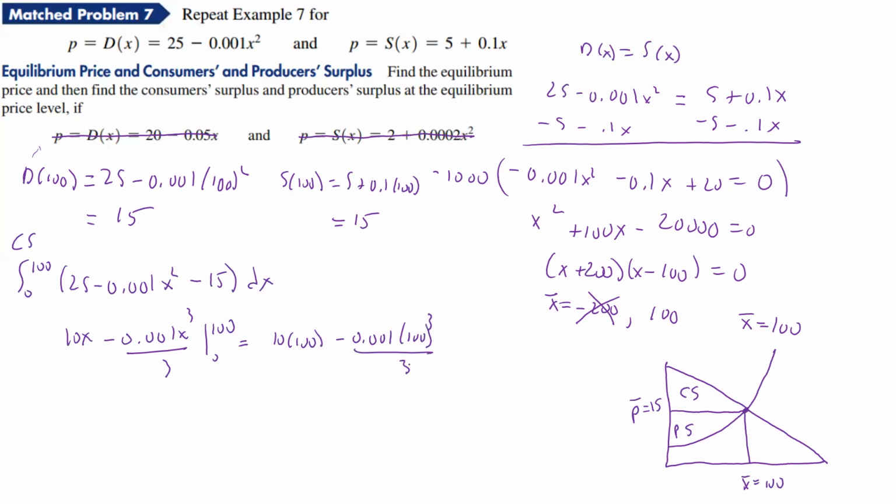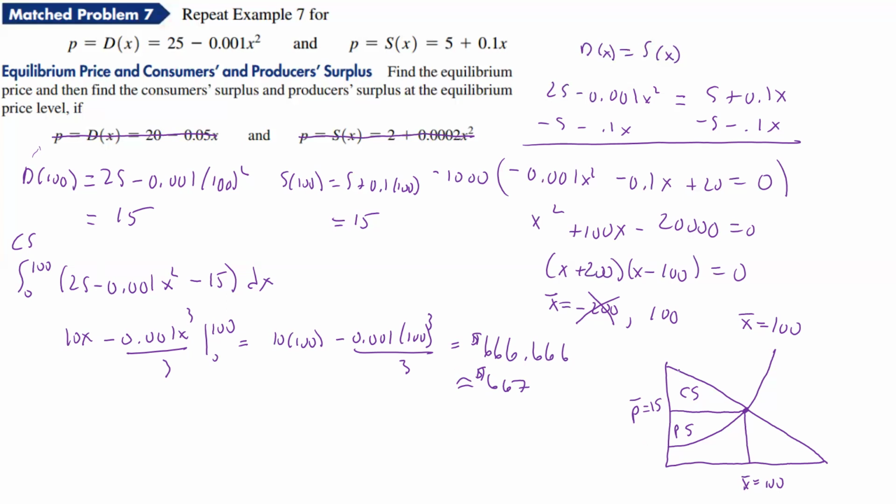So that's 1,000 minus 0.001 times 100 to the third divided by 3. That gives us a total of, and they probably want it in whole dollars, 666.67, so about $667 for the consumer surplus.